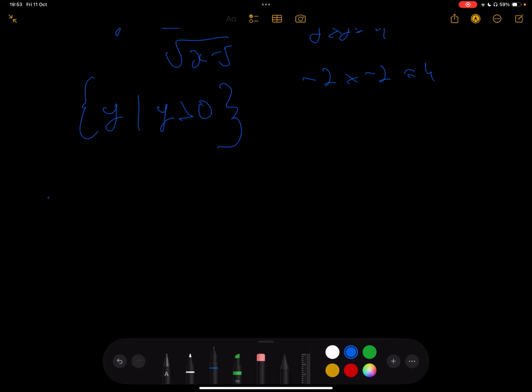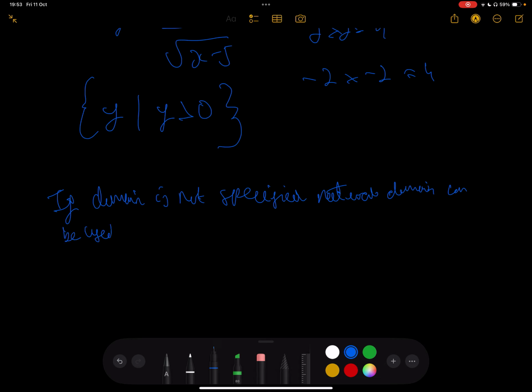So if domain is not specified, natural domain can be used. So it is basically the largest part of the real number system where f of x is defined.